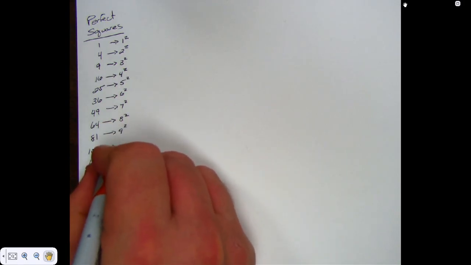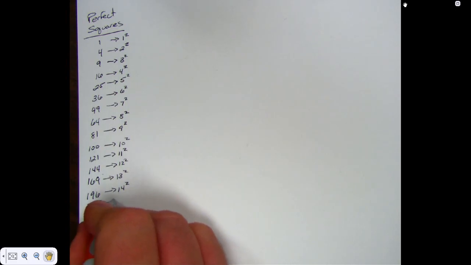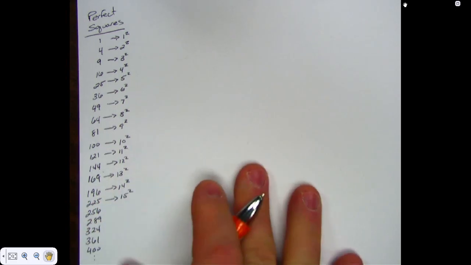Keep writing them down. 81 is 9 squared. 100 is 10 squared. 121 is 11 squared. 144 is 12 squared. 169 is 13 squared. 196 is 14 squared. 225 is 15 squared. 256 is 16 squared. 289 is 17 squared. 324 is 18 squared. 361 is 19 squared, and 400 is 20 squared.